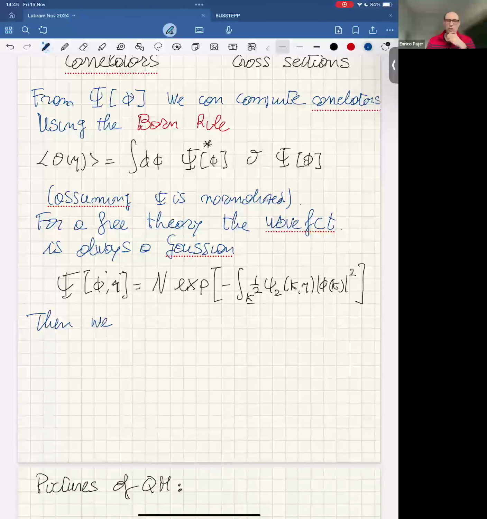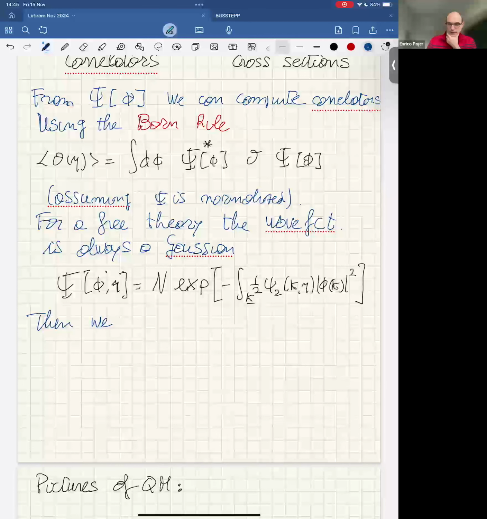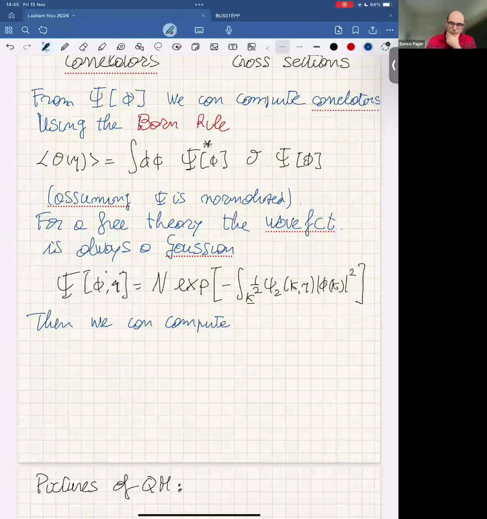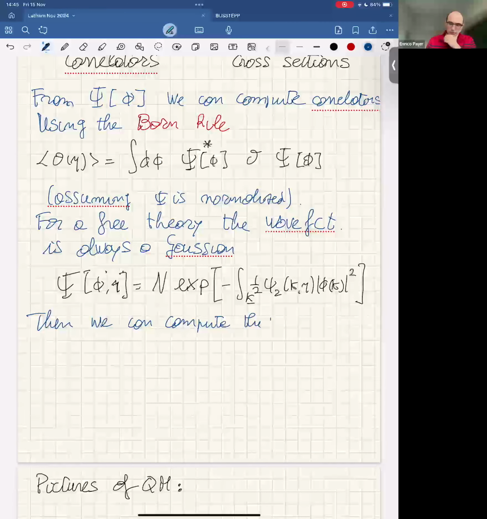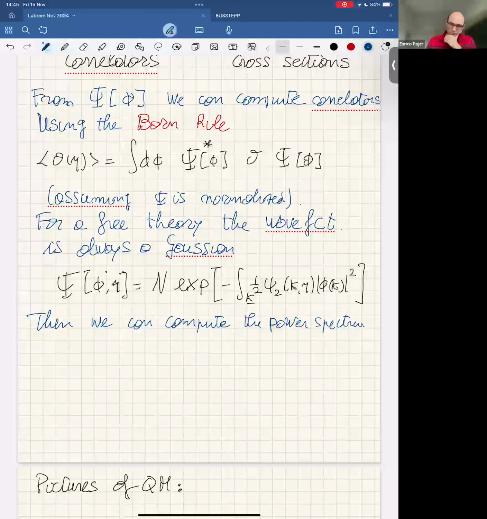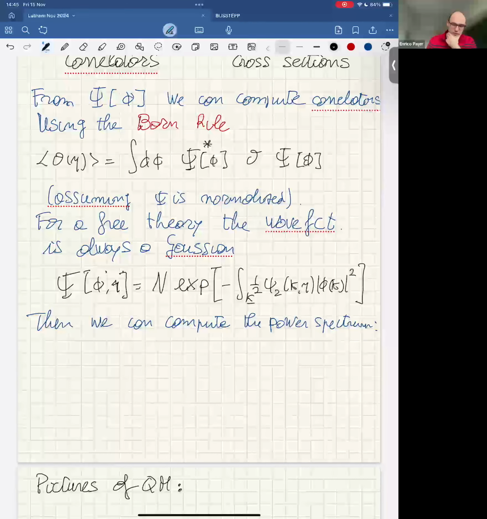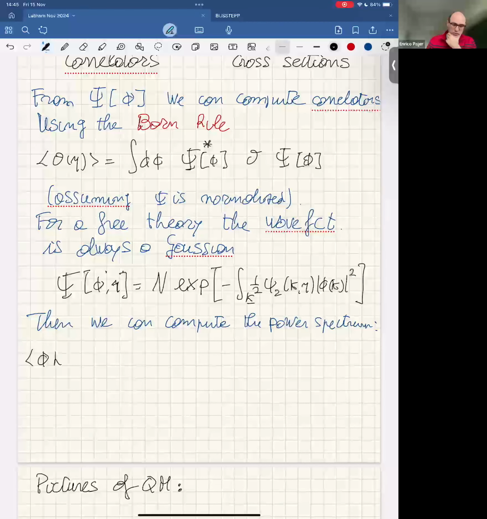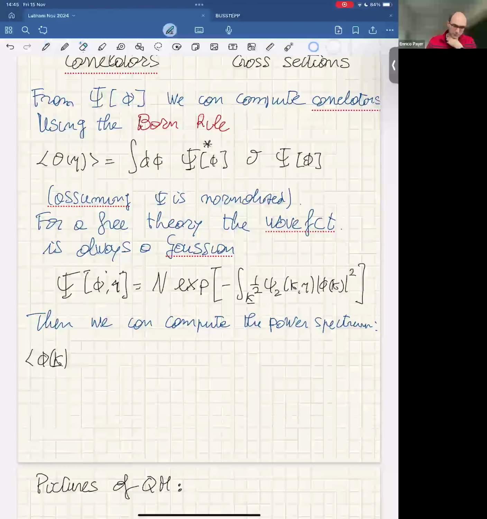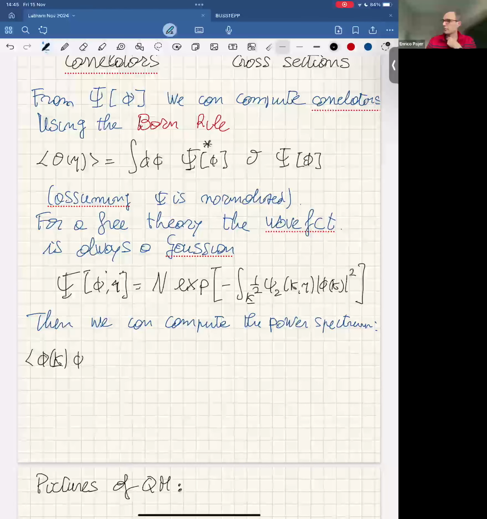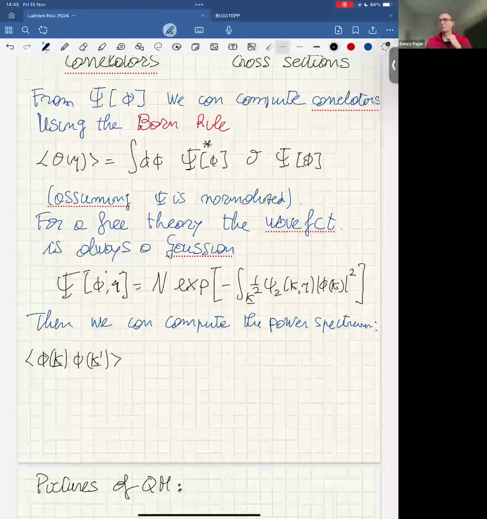Good. Then, from this Schrödinger picture, we can also compute correlators. Let's compute the simplest correlator, the power spectrum. As I told you, the power spectrum is the expectation value of phi of k, phi of k prime. Let me compute it at equal time.